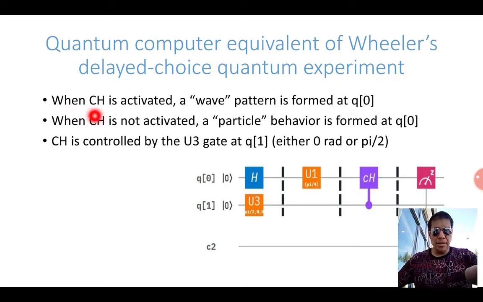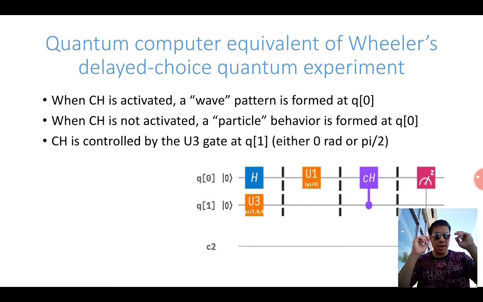So when CH is activated, a wave pattern is formed at Q0. So right here, we're going to detect a wave pattern when this purple gate is activated. And when CH is not activated, a particle behavior is formed at Q0. So right here, we're going to obtain a particle behavior.